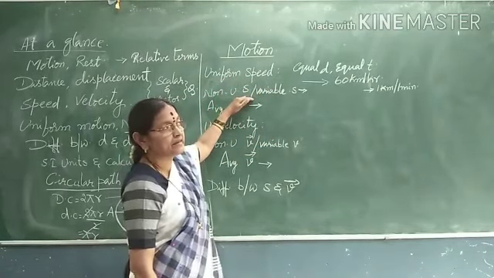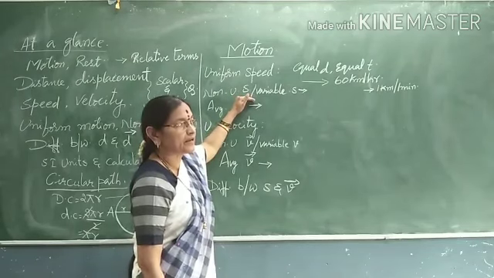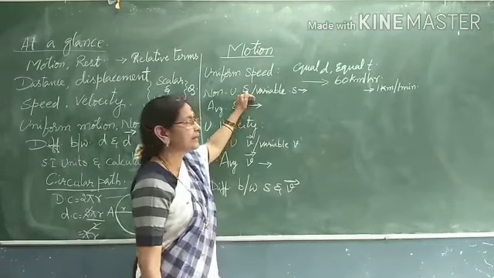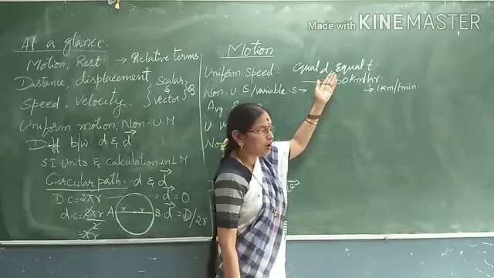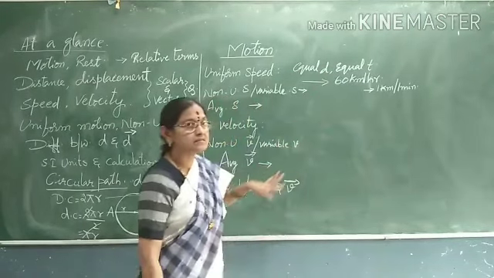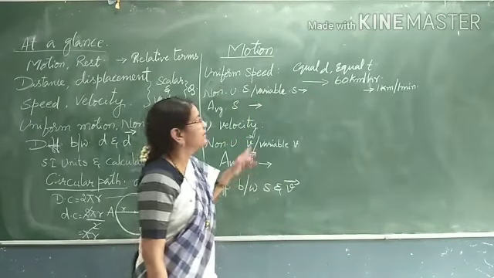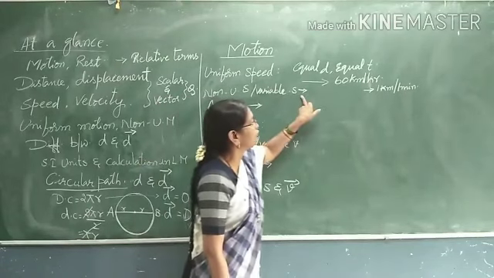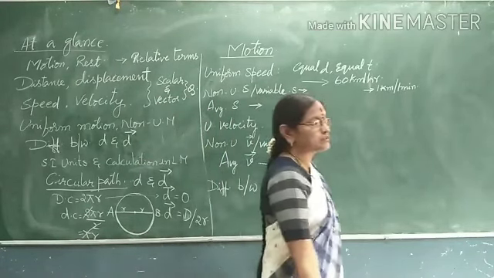Non-uniform speed, or variable speed: when a body is covering equal distances in unequal intervals of time or unequal distances in equal intervals of time, it is said to be non-uniform speed or variable speed.